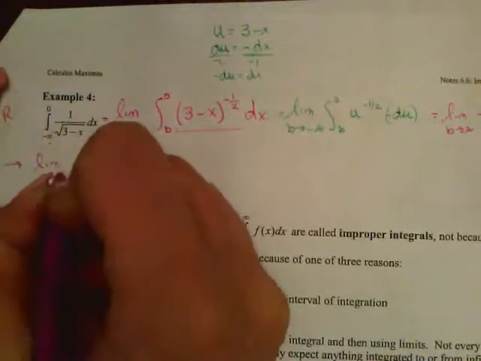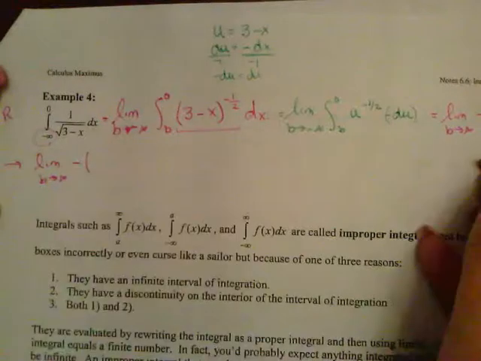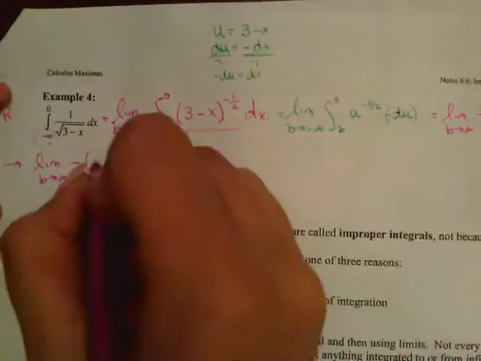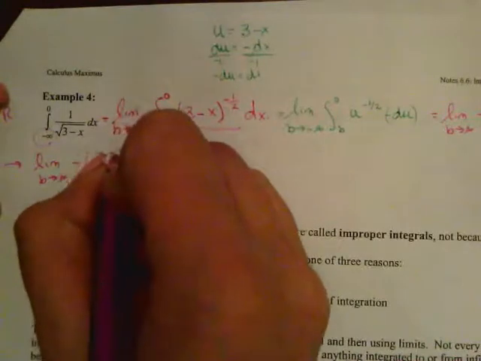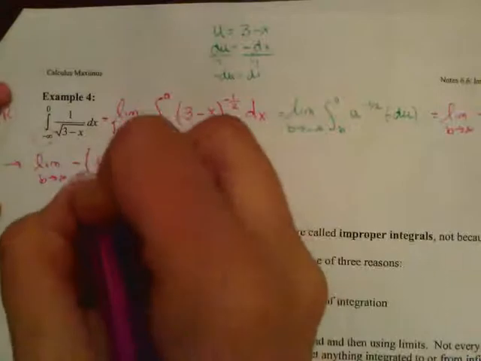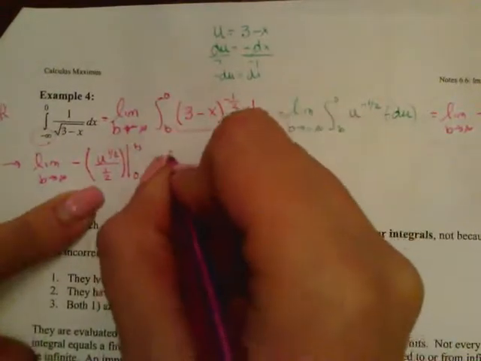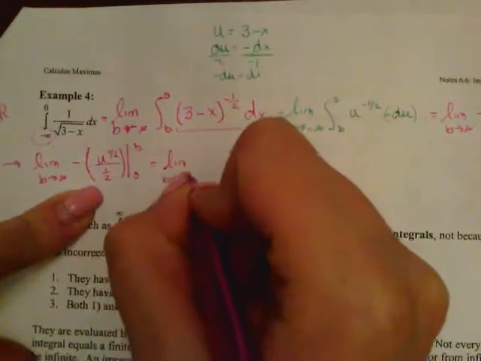B to the infinity of negative, the integral of u to the negative 1/2 is going to be u to the 1/2 over 1/2 from b to 0.